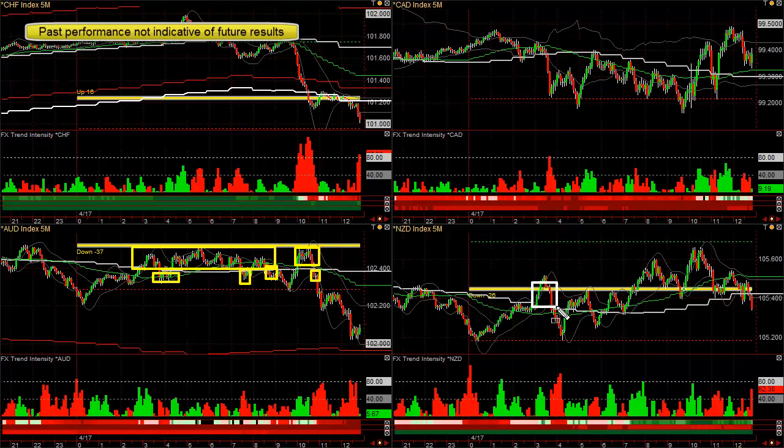Notice the choppy phase here, here, and here. Once it finally breaks out above there, the New Zealand, pretty high probability at 730. Now we know that the euro was weak at 730, so why not look for a euro New Zealand sell at 730?